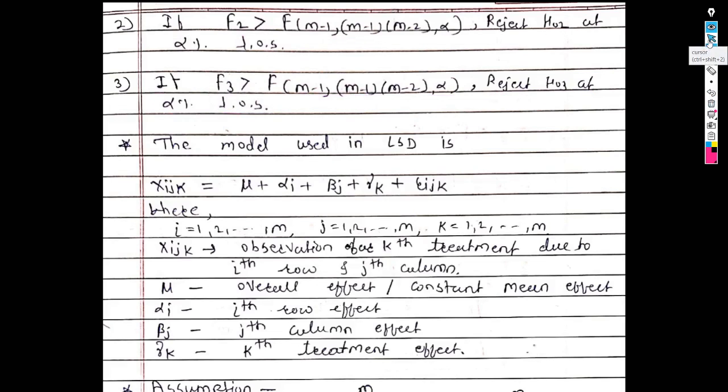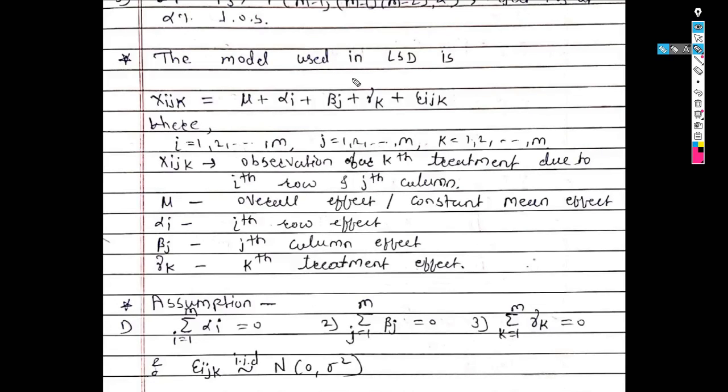Now we will discuss the mathematical model used in LSD, that is Latin square design. So our LSD model is Xijk equals mu plus alpha i plus beta j plus gamma k plus epsilon ijk, where i is running from 1 up to m, j is also running from 1 up to m, and k is also running from 1 up to m.